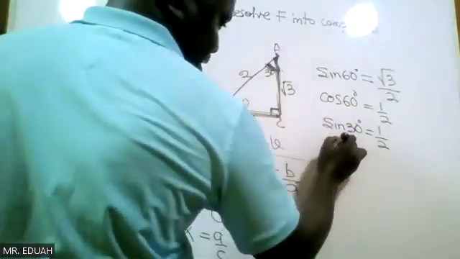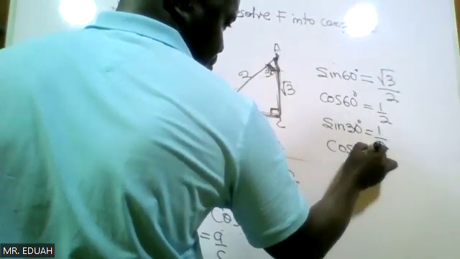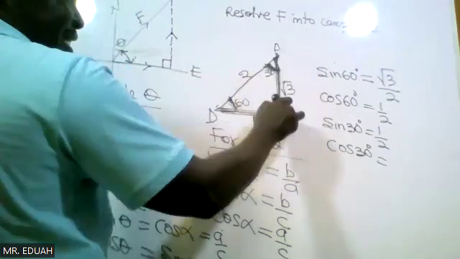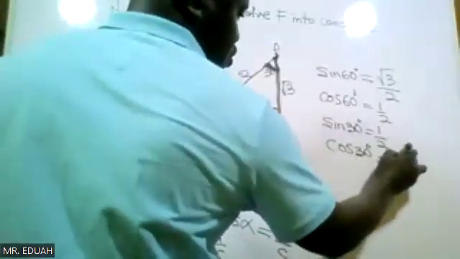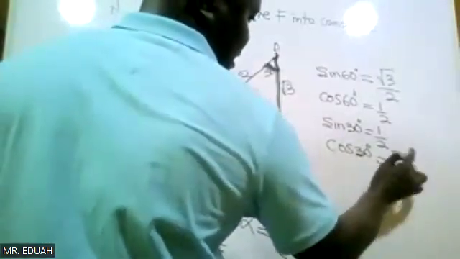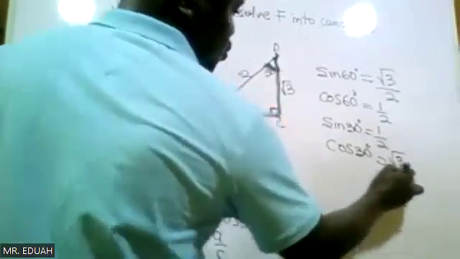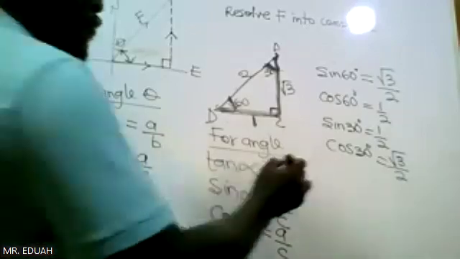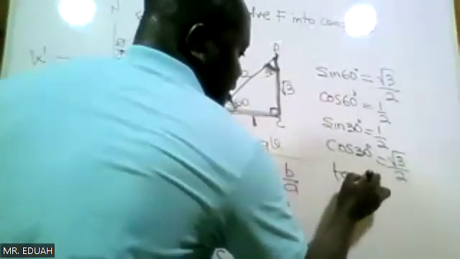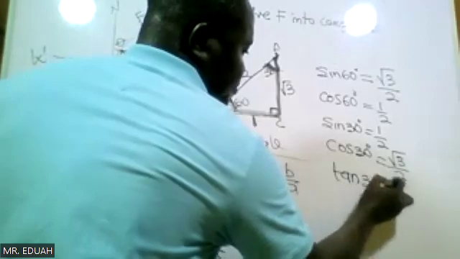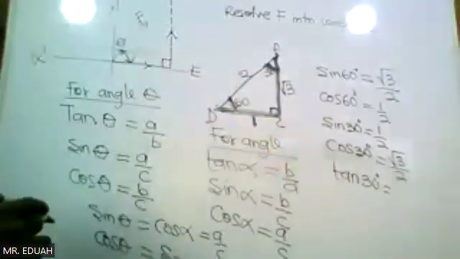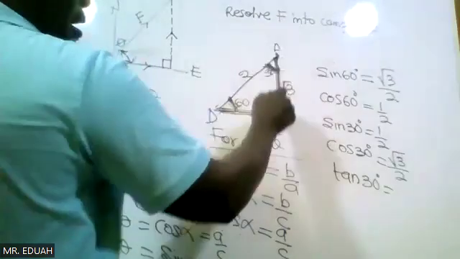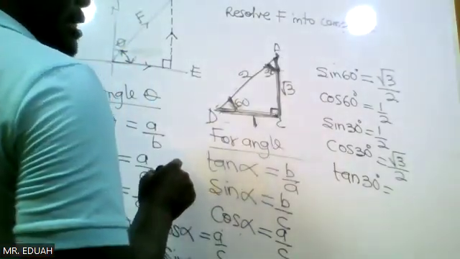Cos 30 is adjacent over hypotenuse, root 3 on 2. If I'm looking for tan 30, tan is opposite over adjacent.